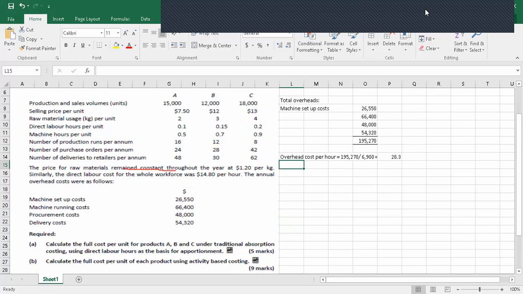First question is not just about the overheads, but it says to calculate the full cost per unit. We need to calculate what the full cost per unit is.